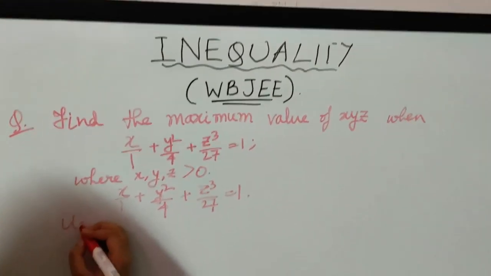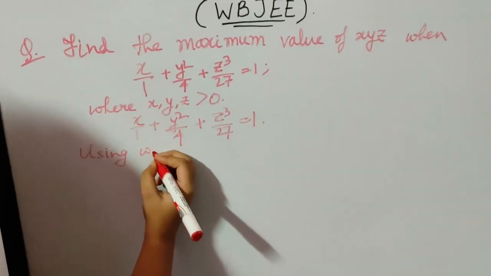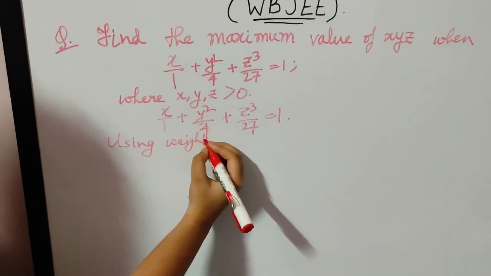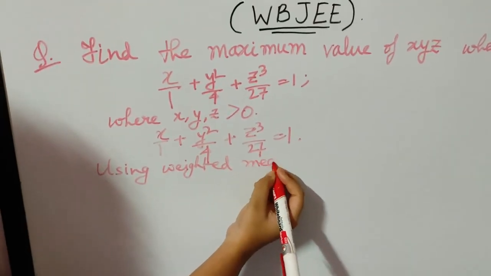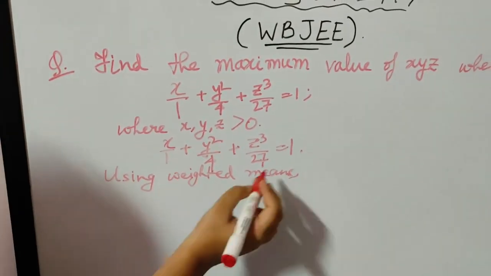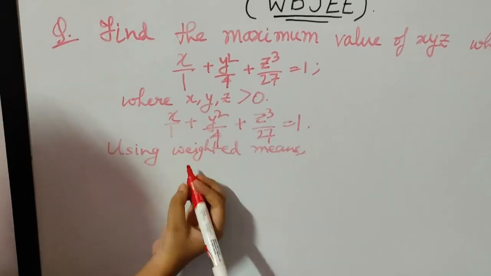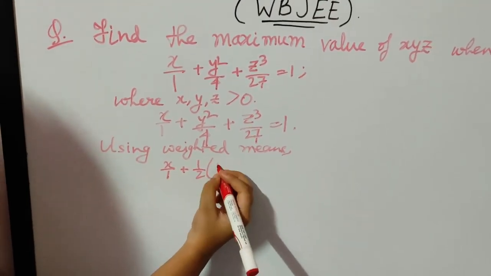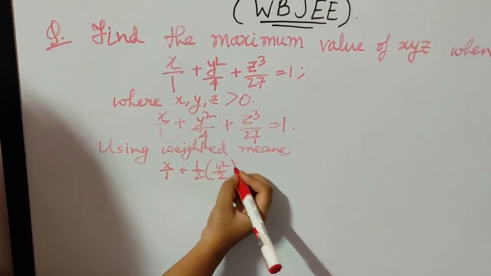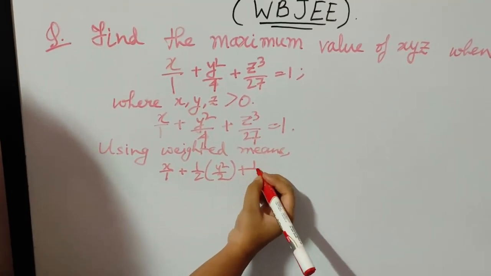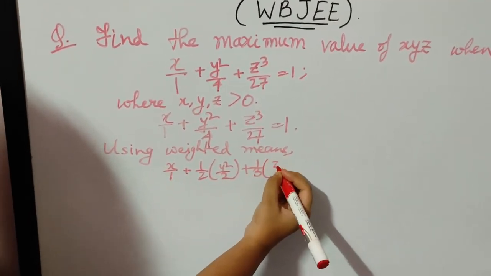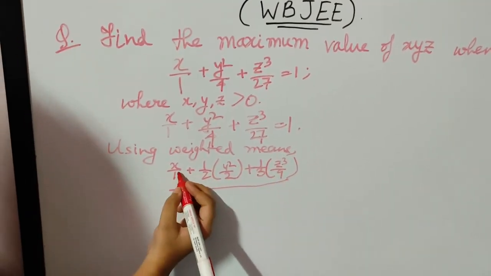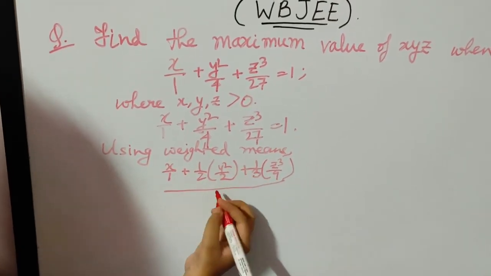Now using weighted means over here, we can write this thing as x by 1 plus half into y square by 2 plus 1/3 of z cube by 9, divided by these weights 1, half and 1 by 3.